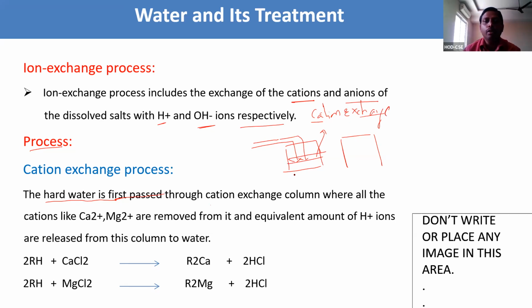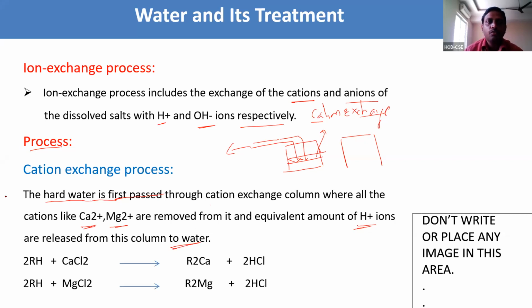The hardness of water is due to the presence of calcium and magnesium ions. All the cations in the hot water, like Ca+2 and Mg+2, are removed, and an equivalent amount of H+ ions are released from the column into the water.